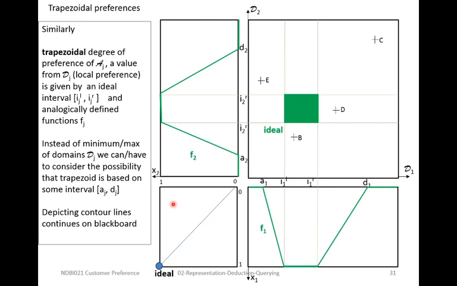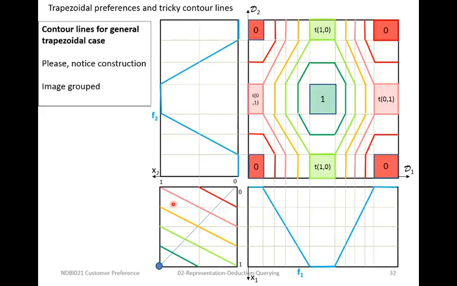Again, what we see here is a trapezoidal degree of preference, and in the next slide, I think, well, maybe not exactly the same, but what you have to see here is a trapezoidal preference, a little bit more general form than in previous slides, where there were triangular preferences starting in the minimum of domain, going to ideal point, and then to maximum of domain.